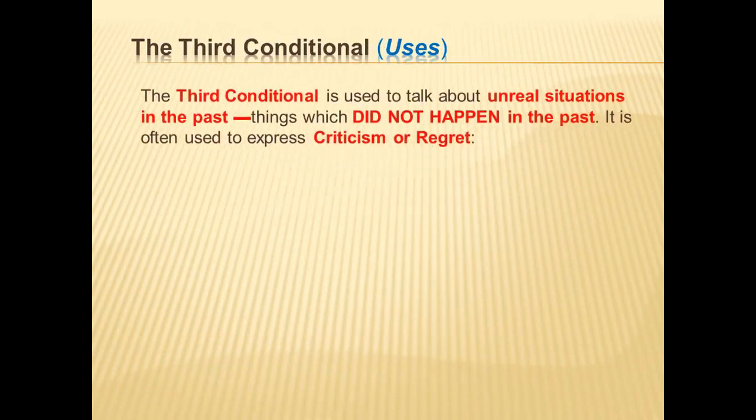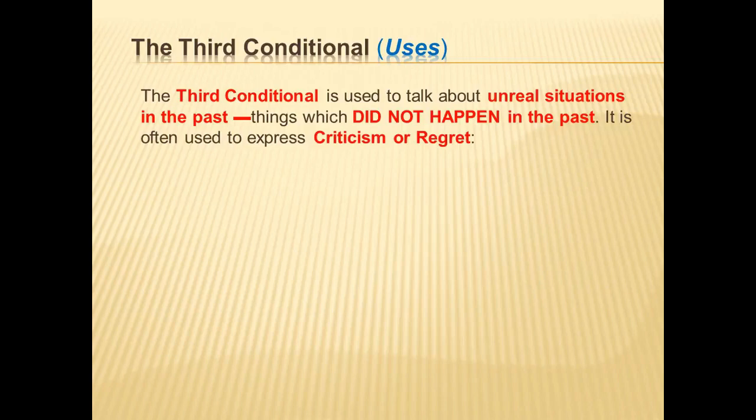So this is the definition of the third conditional. The third conditional is used to talk about unreal situations in the past, things which did not happen in the past. It is often used to express criticism or regret.